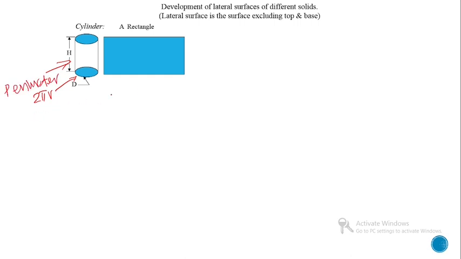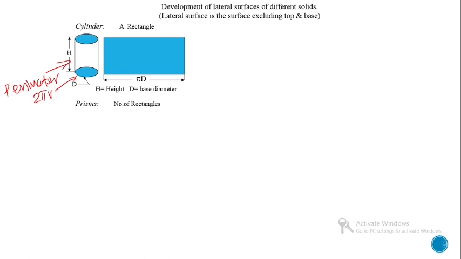Then that length is equal to 2 pi r, or otherwise pi d, where d is the diameter of the base circle of the cylinder. Then this must be the height. Then the total area is equal to pi d h, where h is the height and d is the base diameter.